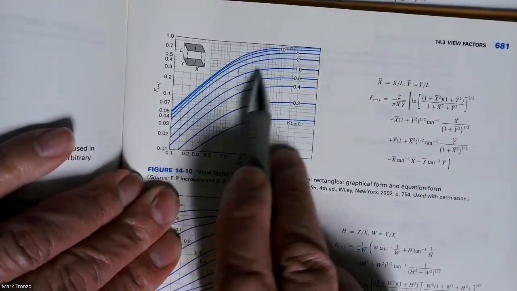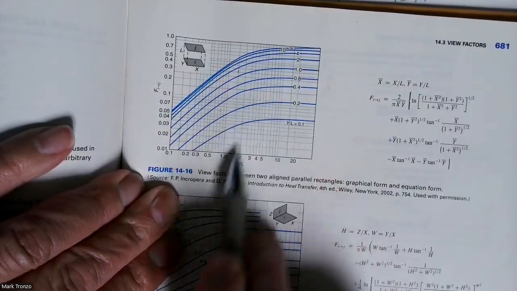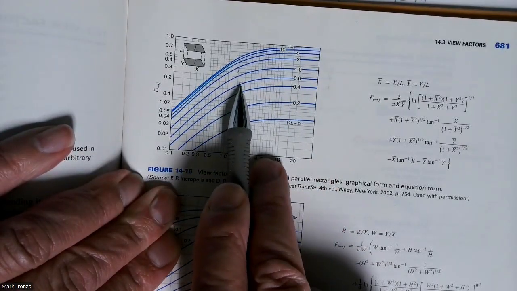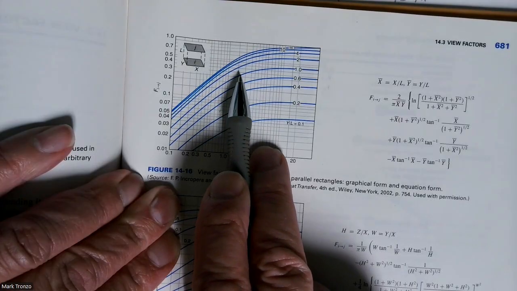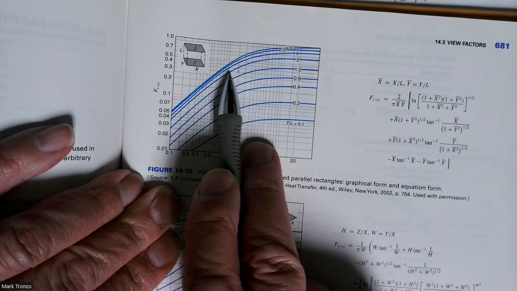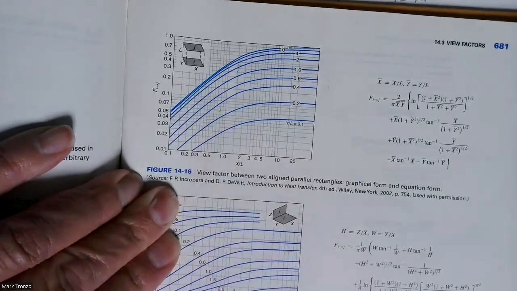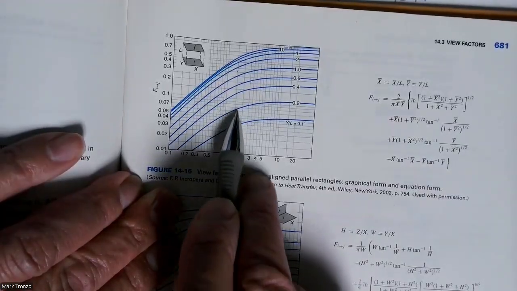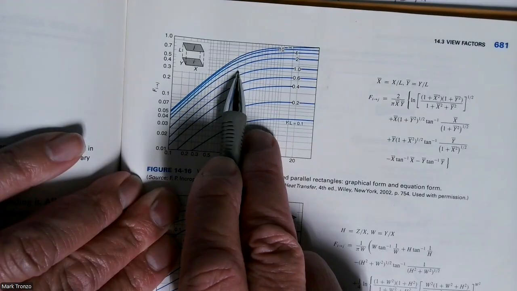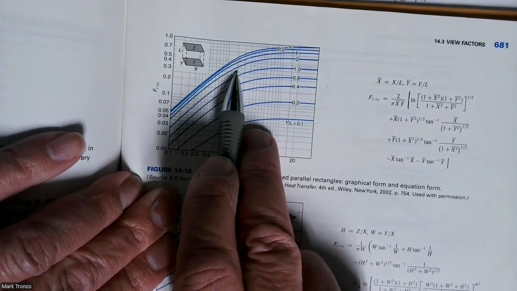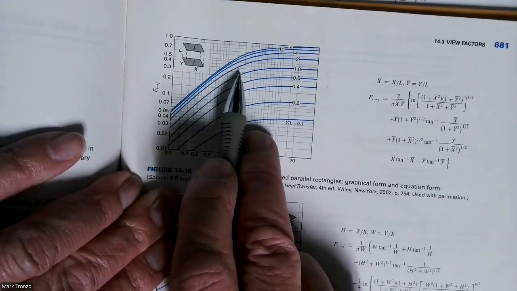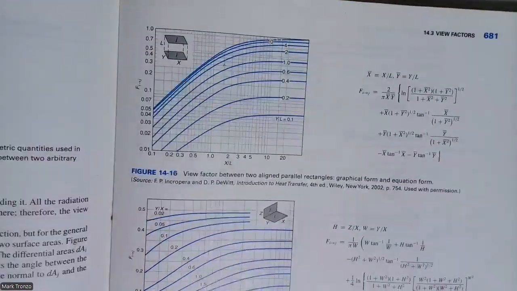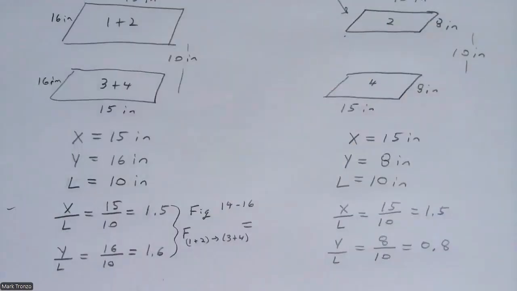And 1.6 is going to be between these two curves here. And if we keep going up to here, I'm going to estimate that as about 0.33. Again, I want 1.5. Then 1.6 is between these two curves. So I'm right over here. Maybe 0.32. It's just a rough guess. 0.32.